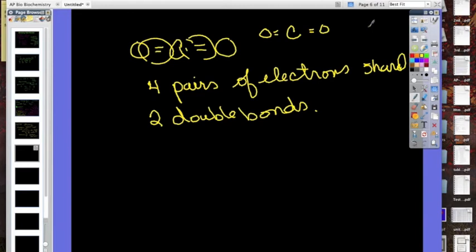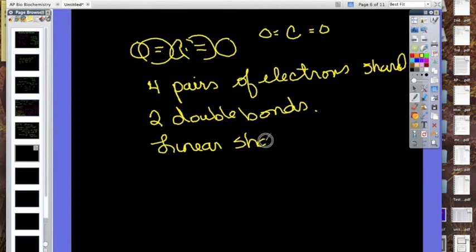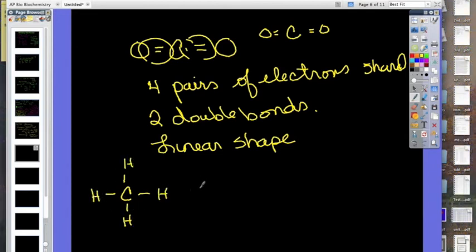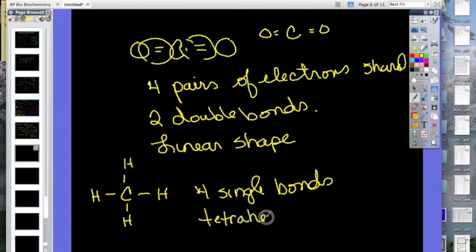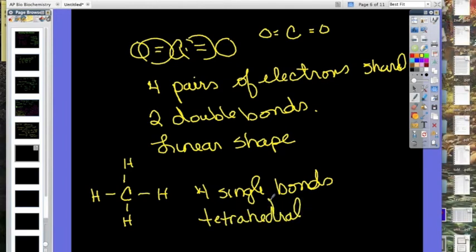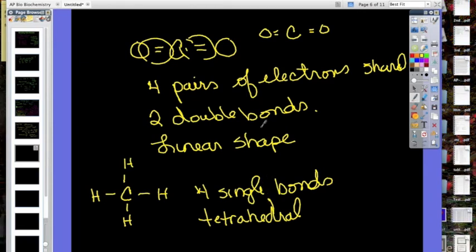And this would be a linear shape. Now, if I had something like this, I have 4 single bonds. And since I have 4 single bonds and no lone pairs of electrons, this would be tetrahedral. So you need to know the names of those shapes. You may want to write them down on your notes so that you have them.